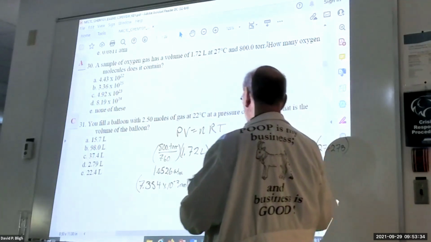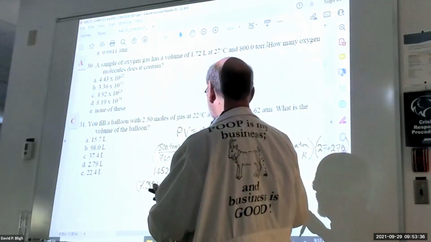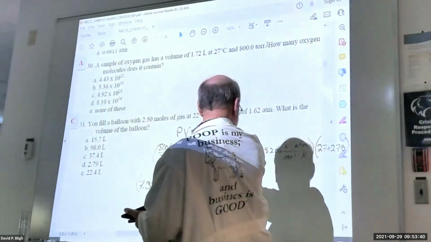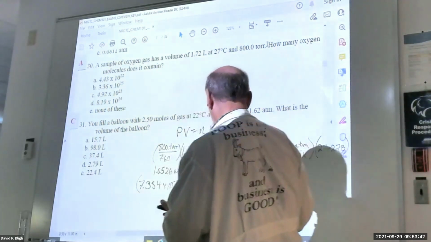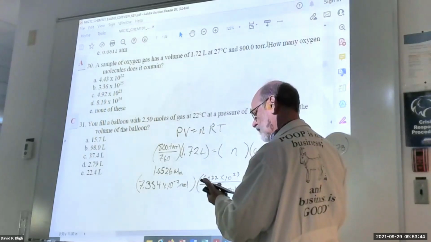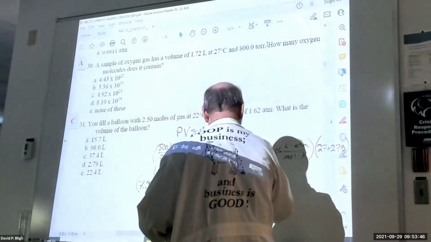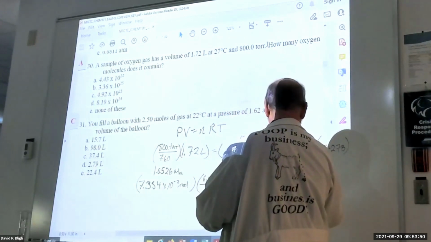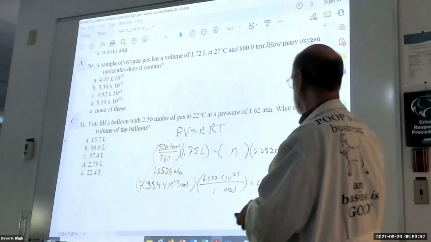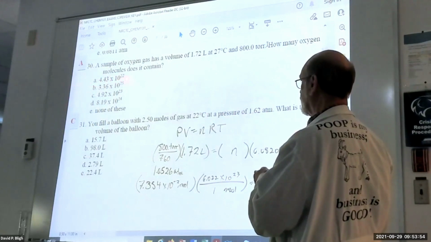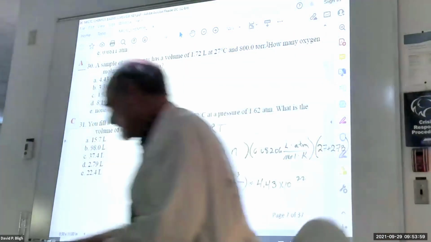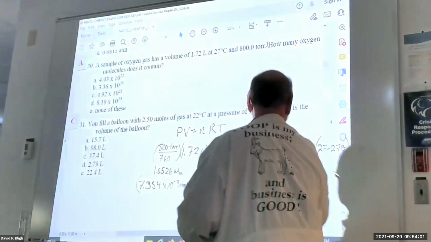This has all been multiplication and division, so I can carry through to the bitter end, and we're limited to 3 significant figures. 4.43 times 10 to the 22nd molecules. There it is right there. Okay.